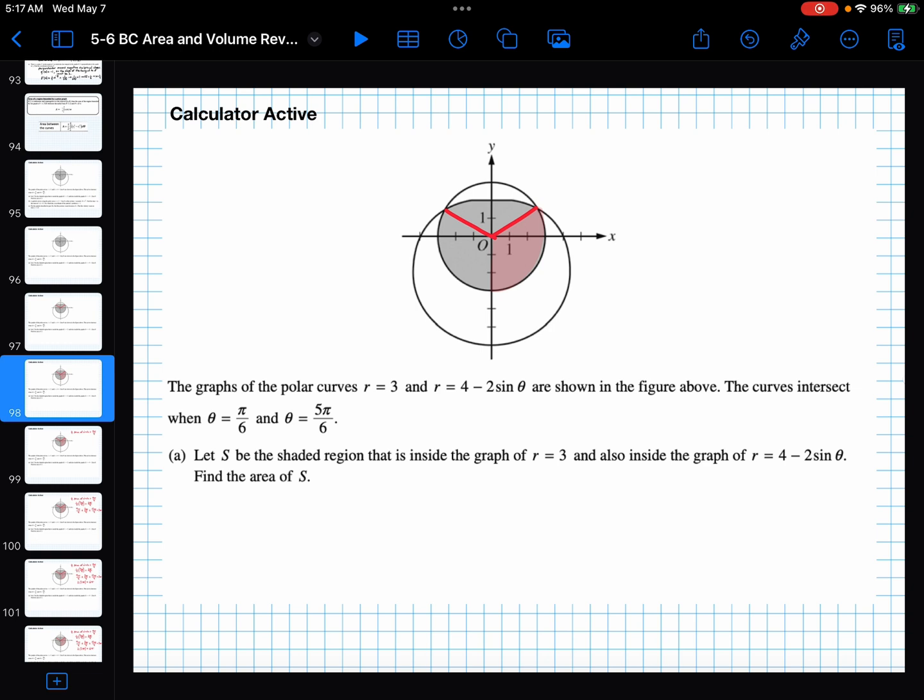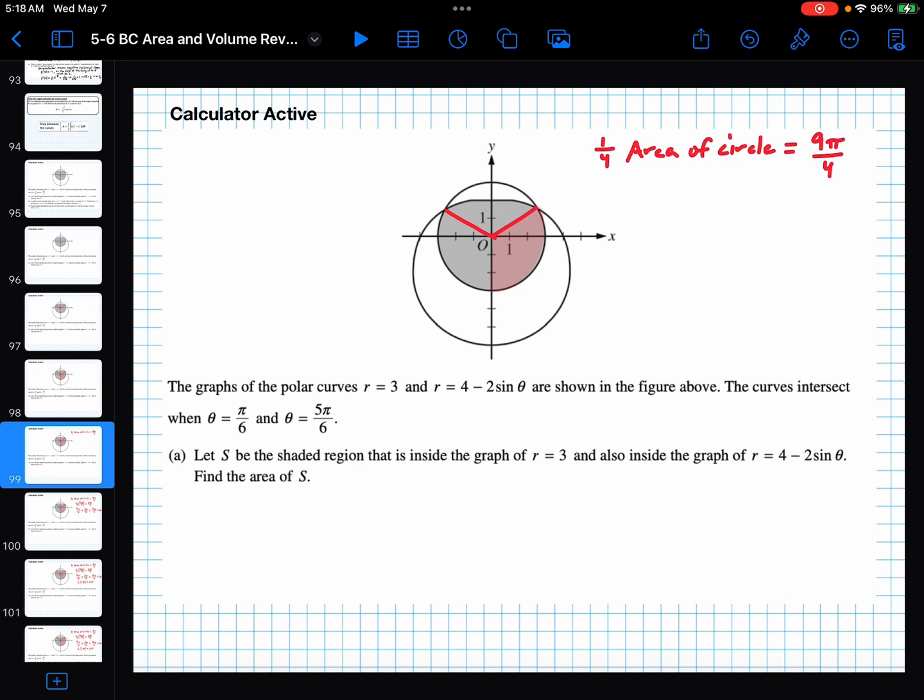Now that portion in the fourth quadrant is really 1/4 of the circle. Since I know the radius of the circle is 3, I can find 1/4 of that fairly easy. Pi r squared is going to be 9 pi, so 1/4 of that is 9 pi divided by 4. But that's just the part in the fourth quadrant.